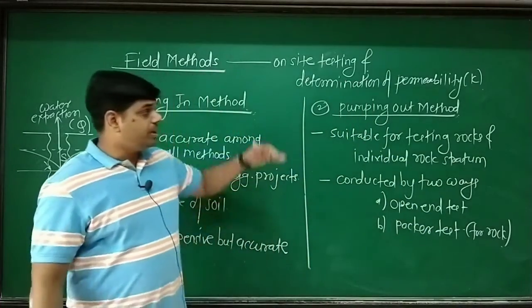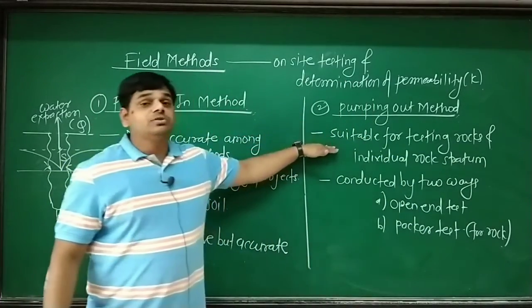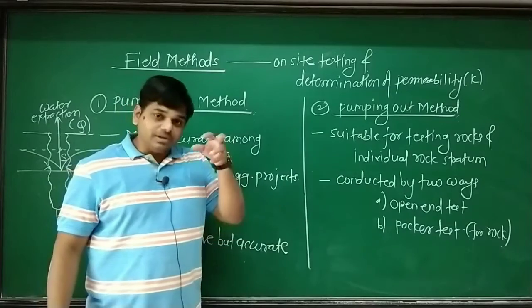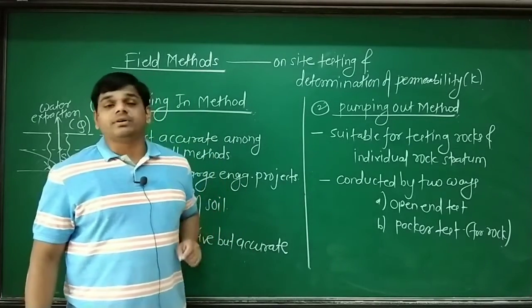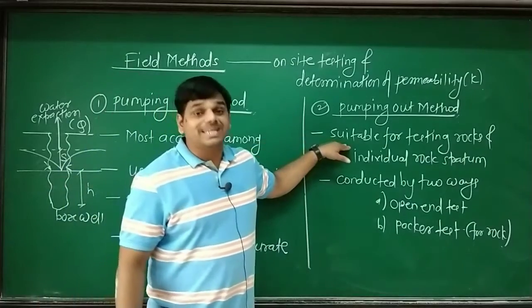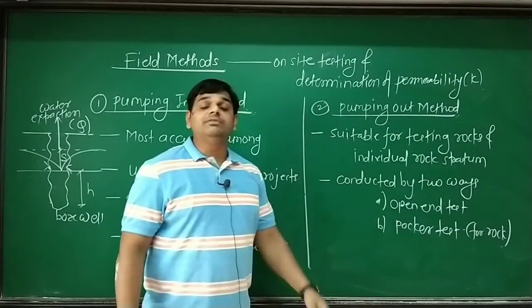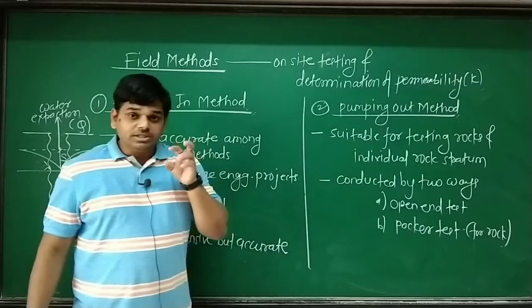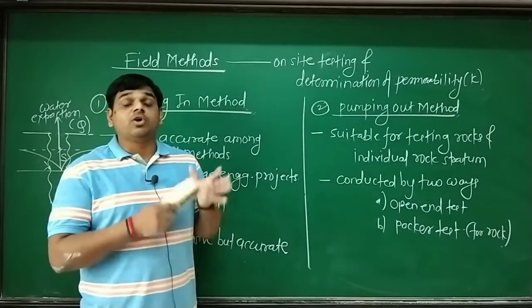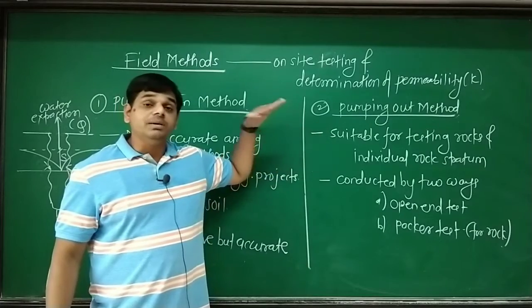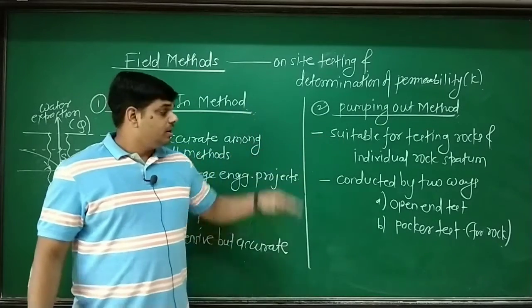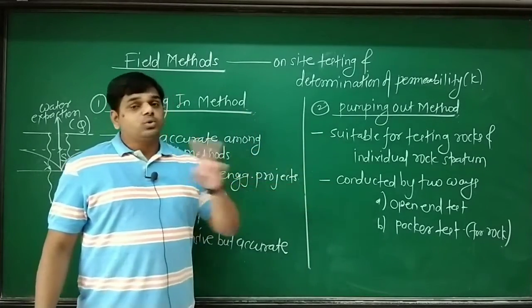Now come to the pumping out method. In pumping out method, again we are going to extract the water, and underline this with a different color pen: most suitable for testing rocks and individual rock stratum. Where there is an impermeable layer, that is a rock surface, the pumping out method is most effective. This method is conducted by two approaches.